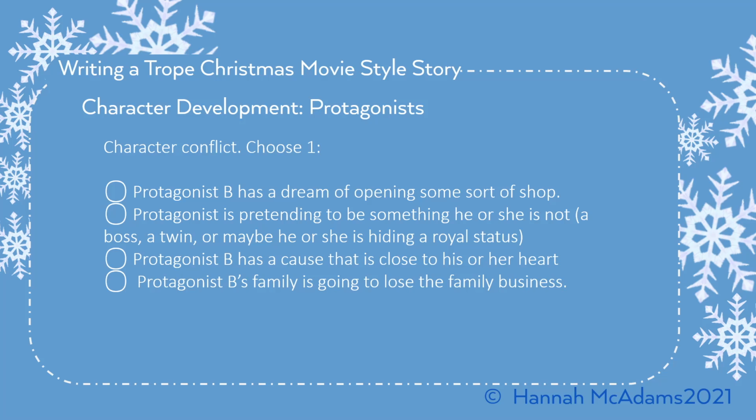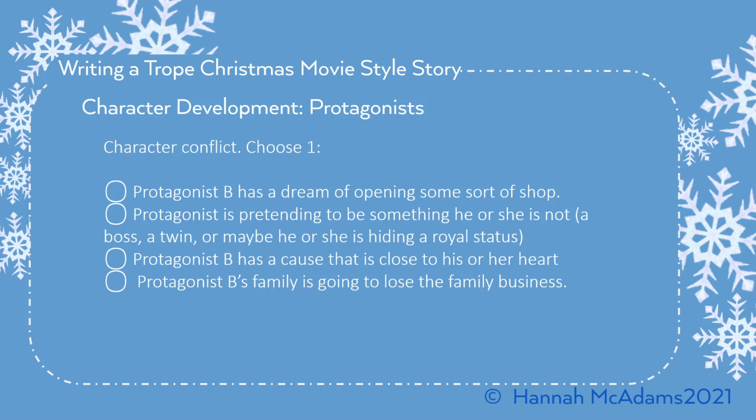On page 5 you have chosen one of these. You can keep this or change it. This is fine. Maybe protagonist B has a dream of opening a shop. Well, then if that's the conflict, it will be resolved because somehow he will find some money and he will be able to open the shop, he or she. Okay, protagonist is pretending to be something he or she is not. So maybe hiding a royal status.